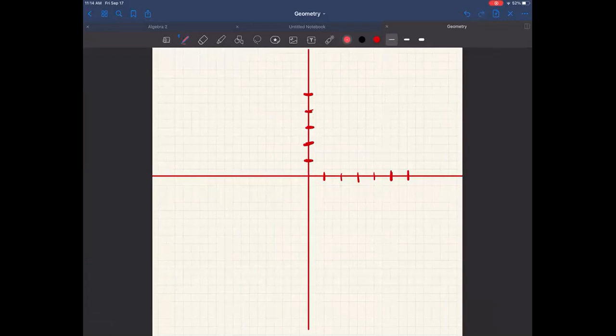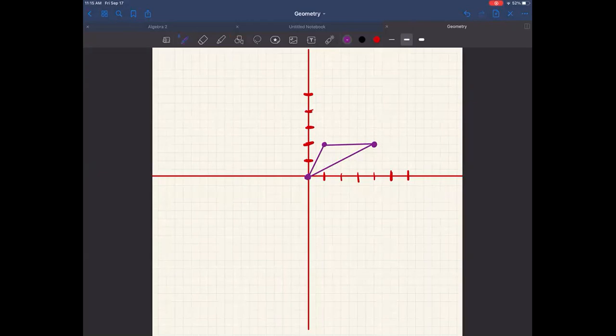That's not a good color to use. 0, 0. 4, 2. And 2, 2. So now, there we go. That is a good looking triangle.